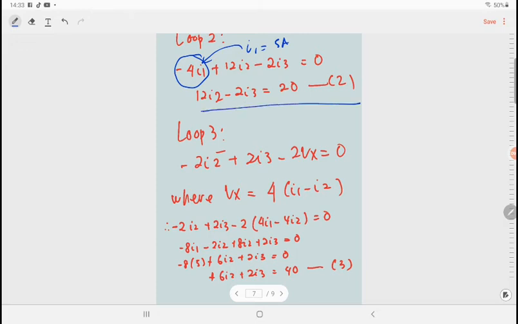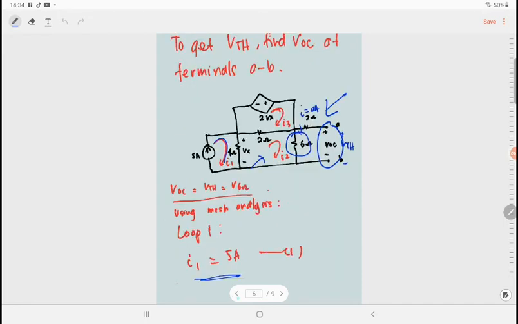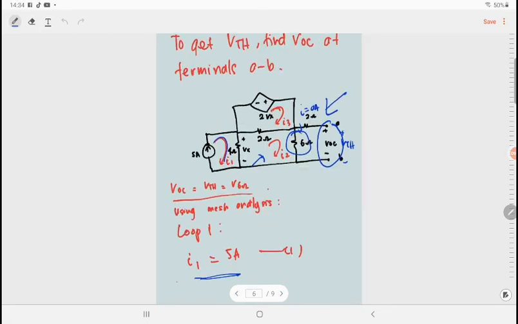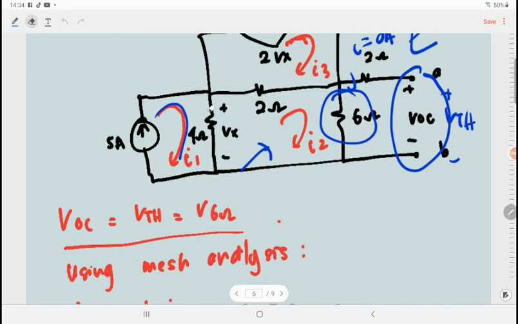Next, at loop 3, you got negative 12I2 plus 2I3 minus 2Vx equal to 0. Again, our equation needs to be all in current, so you need to find what Vx is. Look at the circuit. This is our Vx over here, with plus and minus polarity.